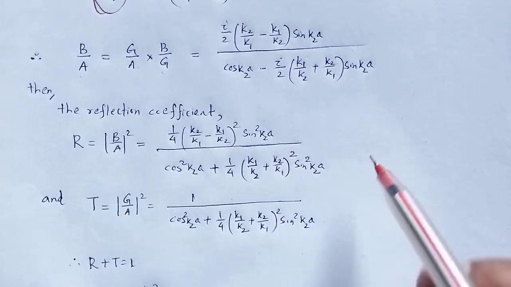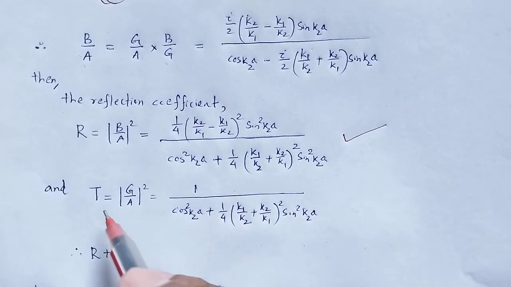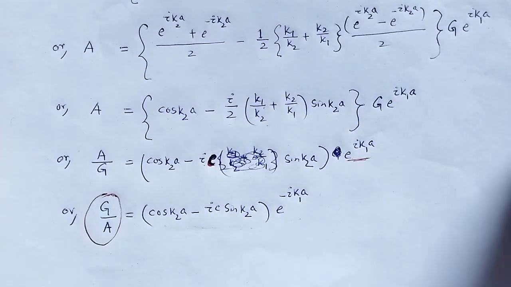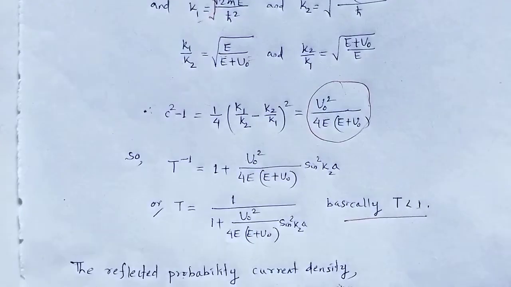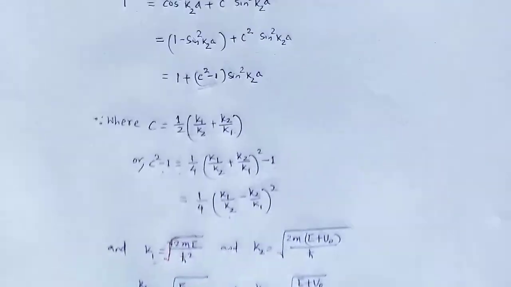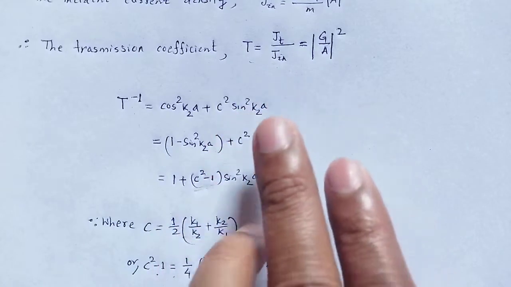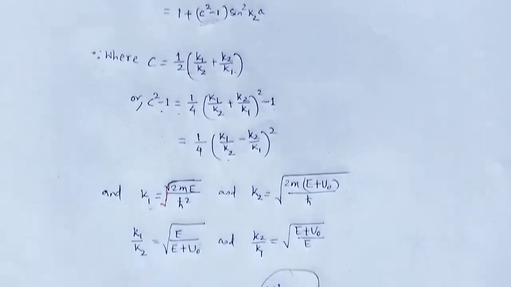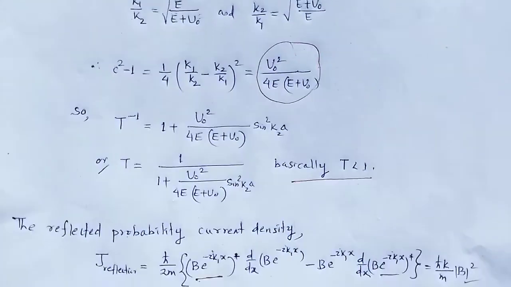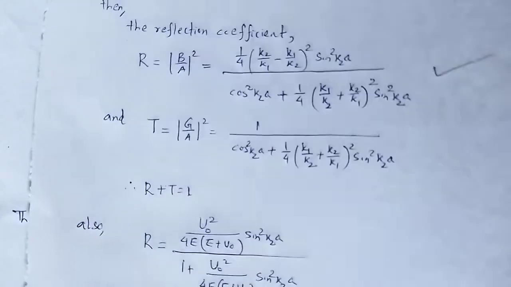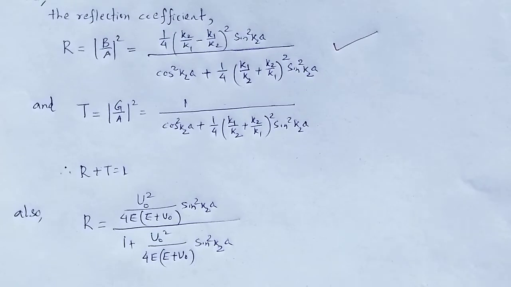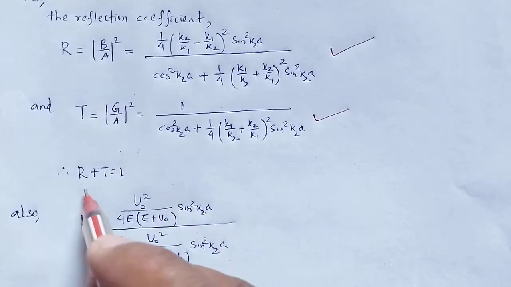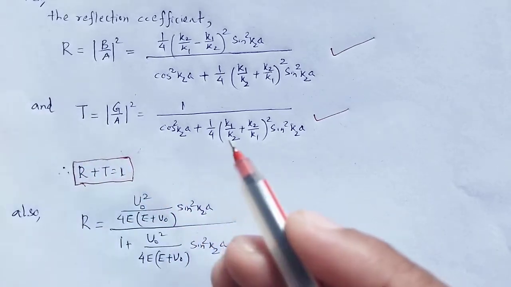and this is R, and again T is equal to the magnitude of g by a squared, as we derived here. Using these two equations we get R plus T is equal to 1.